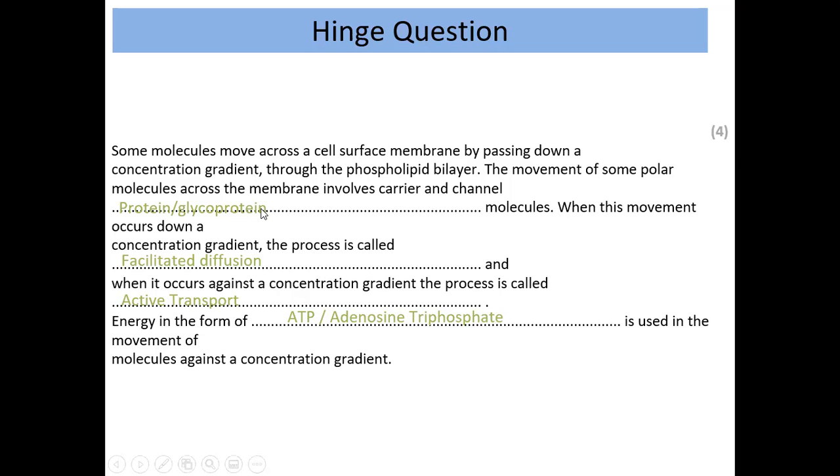Normal diffusion would happen through the phospholipid bilayer, but the polar molecules are going through the channel proteins. So we're talking about facilitated diffusion, or if we're going against the concentration gradient, active transport. That very fine difference between facilitated diffusion and normal diffusion is really important to remember.